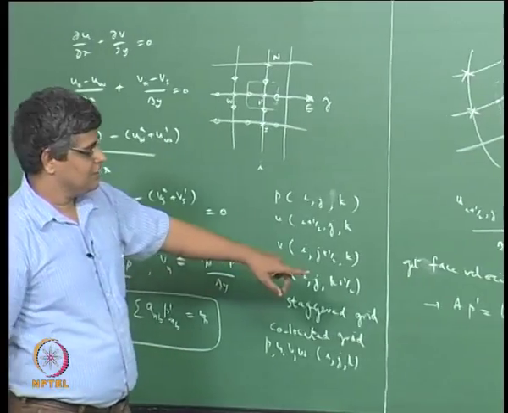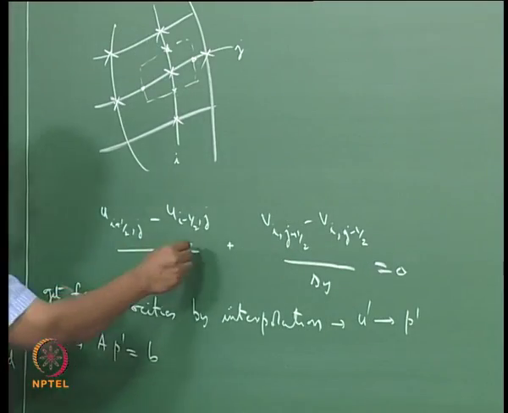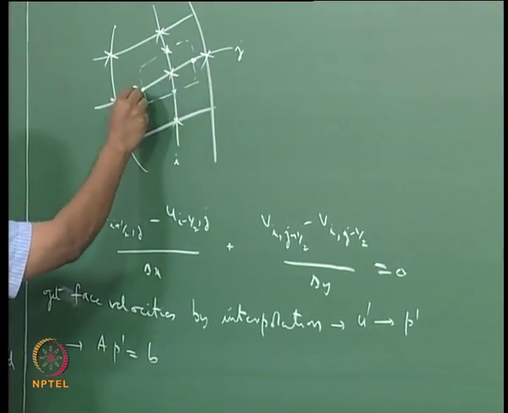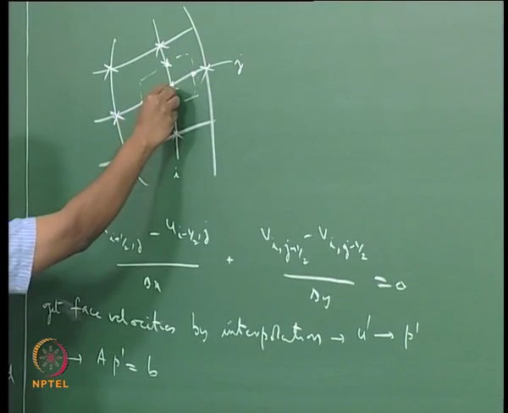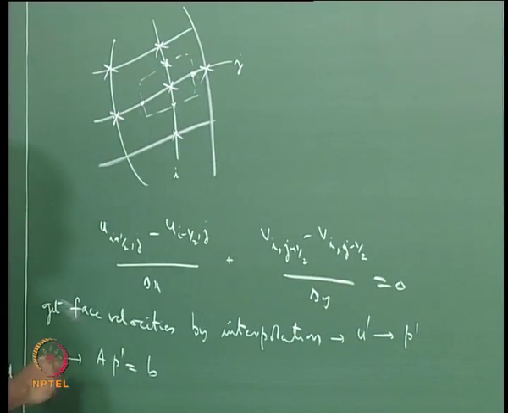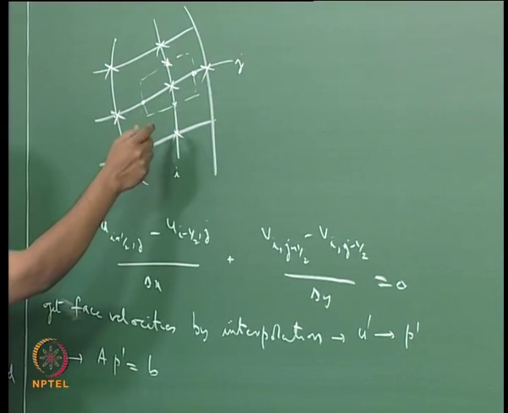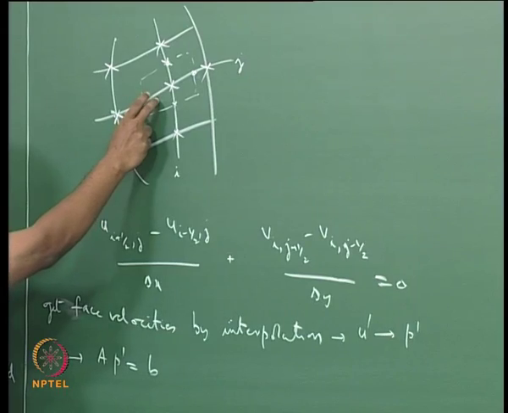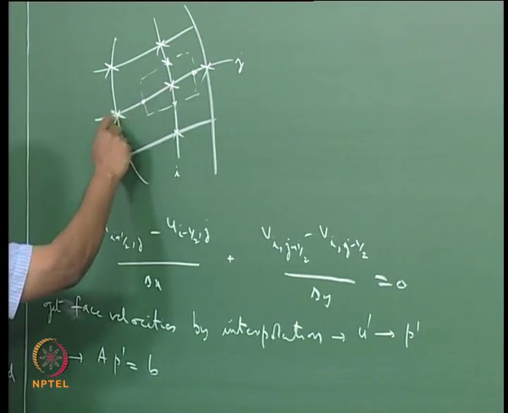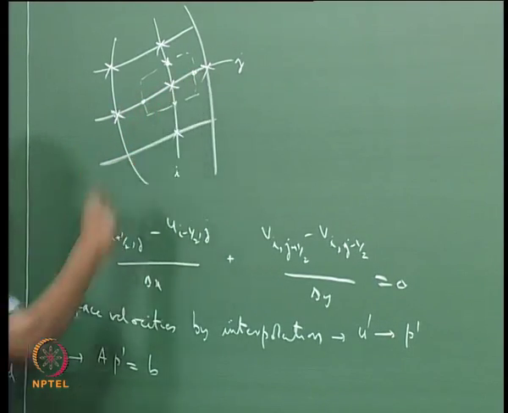But if we do this interpolation, linear interpolation, for example, when we say what is this value given this value and this value at these distances, we can do a linear interpolation, and the linear interpolation is such that these two distances are the same, then this will be the average of these two, and again this will be the average of these two.